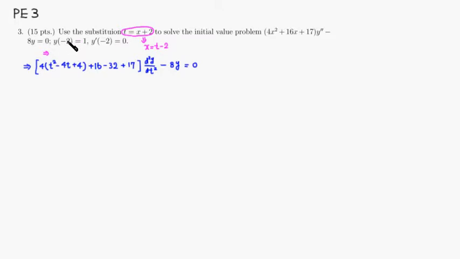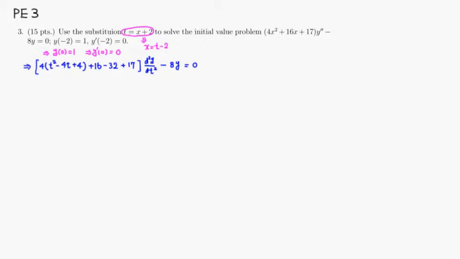So y of 0 equals 1, and y prime of negative 2 is equivalent to plugging in 0, so that's equal to 0.